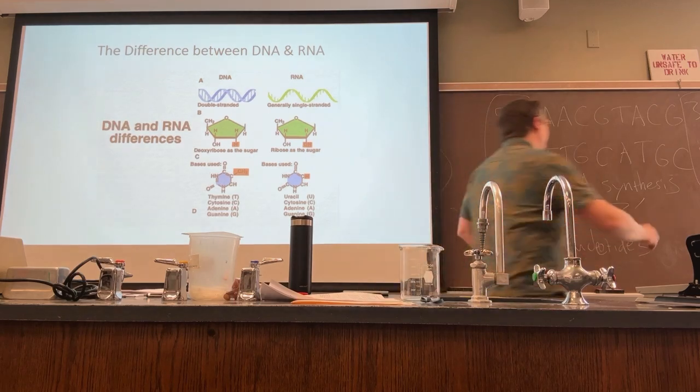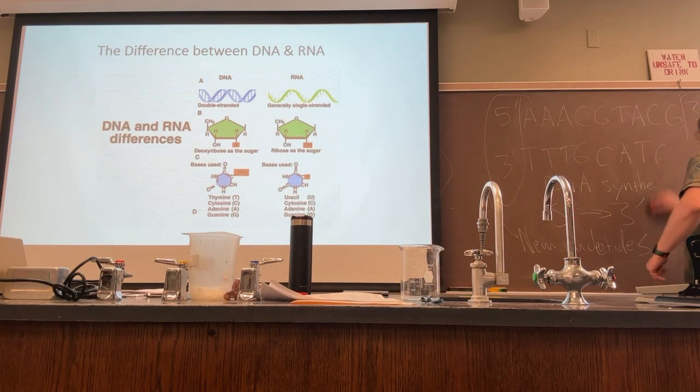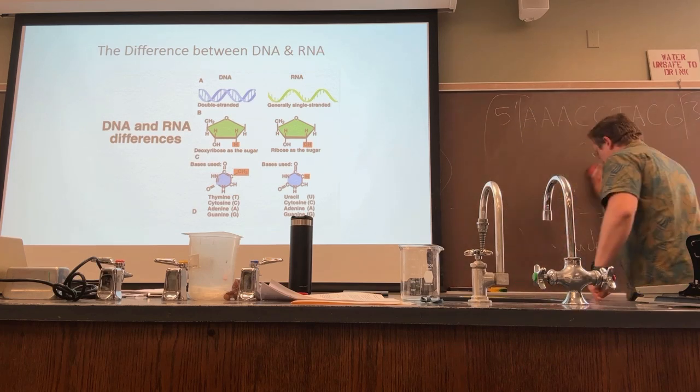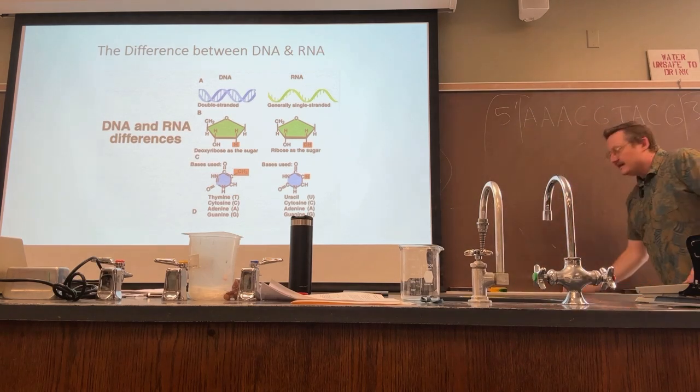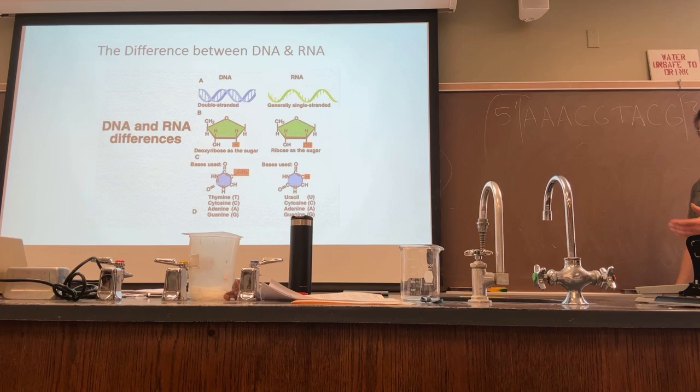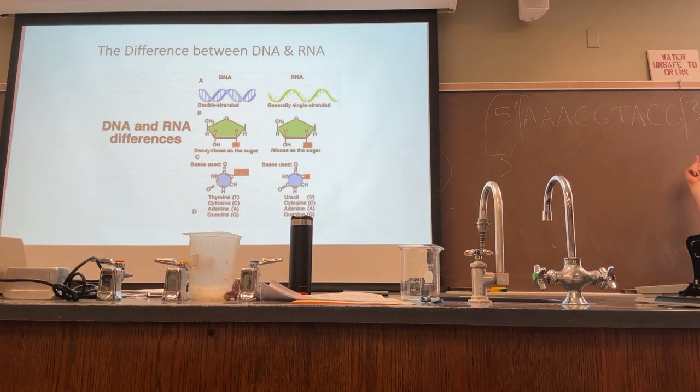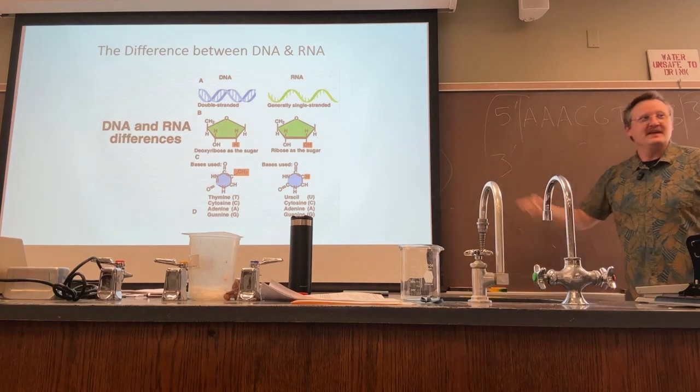So what do I mean? Well, here we go. Let's say that I'm reading a strand of DNA in order to synthesize a strand of RNA. Well, I know I have to synthesize it in the 5' to 3' direction. So the first thing is it's going to be synthesized in this direction.